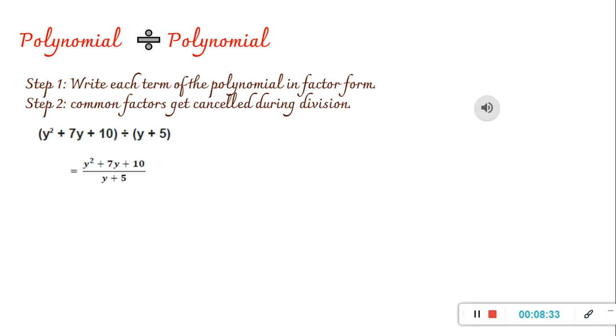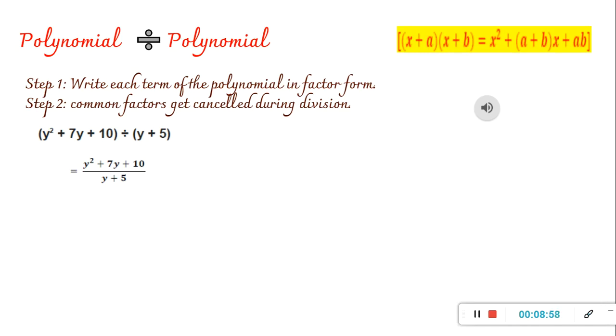So you have three terms. One is a perfect square, that is y square, but 10 is not a perfect square. So here we'll take help of the type 4, isn't it? That is the special identity which we have learned, that x plus a into x plus b is equal to x square plus a plus b into x plus ab.